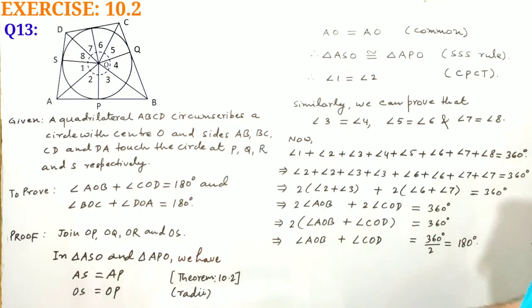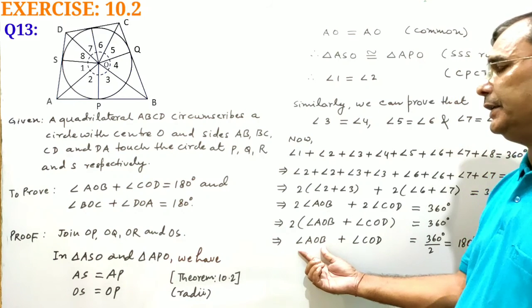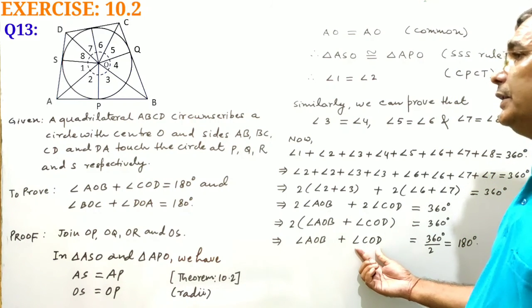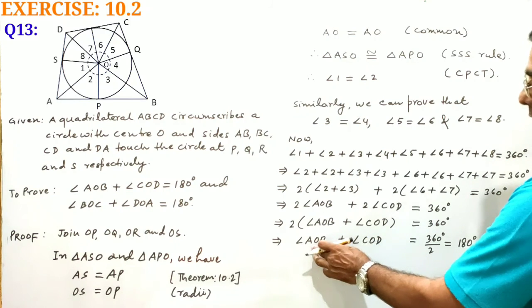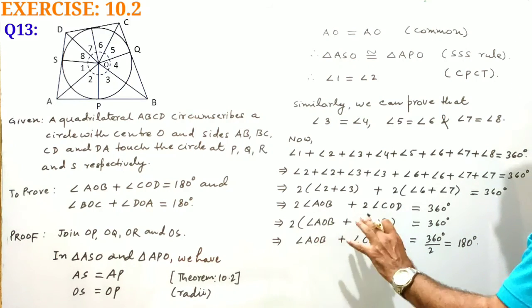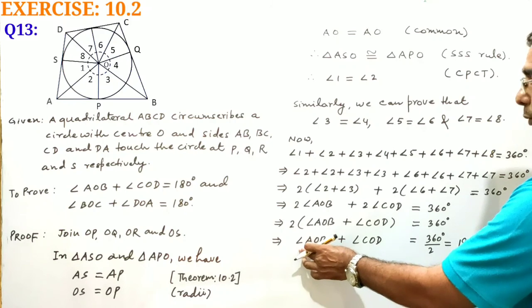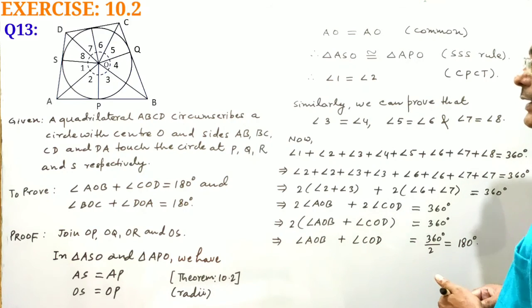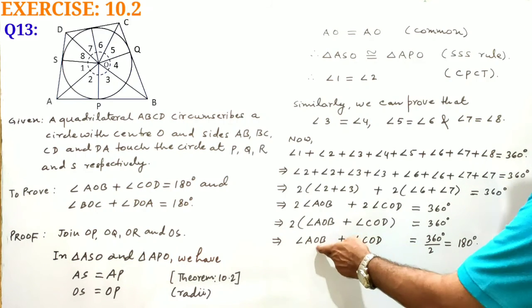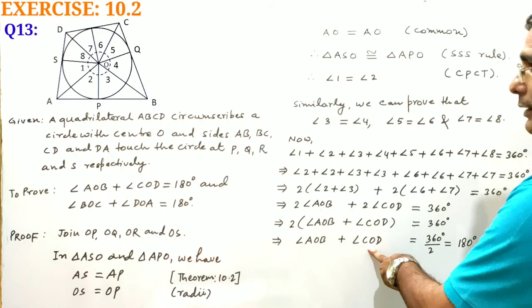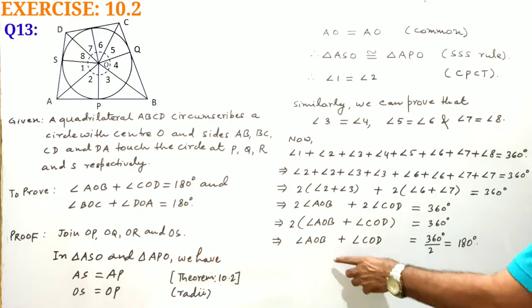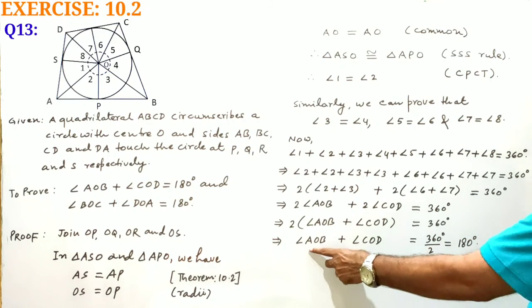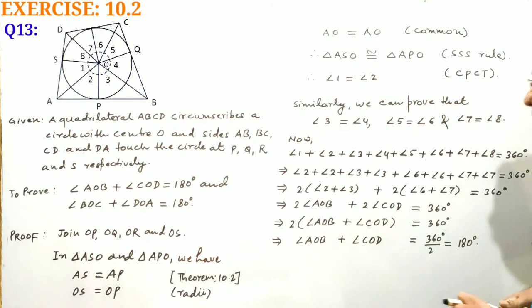So we have proved that angle AOB plus angle COD is equal to 180 degrees. That means these angles are supplementary. Angle AOB is subtended by side AB at the center. Angle COD is the angle subtended by opposite side CD at the center of the circle, and their sum is 180. That means they are supplementary.